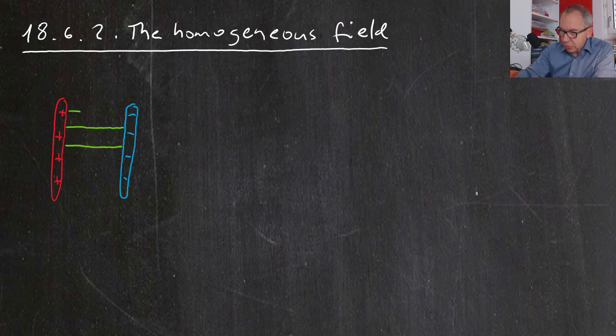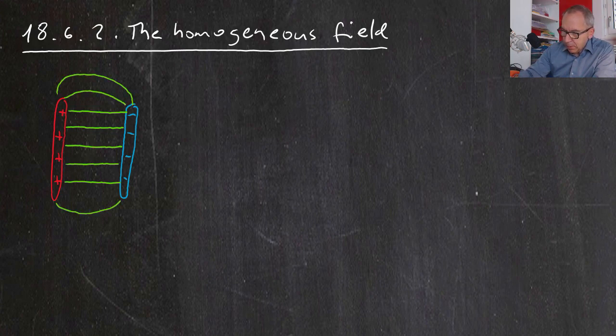This is also true for more or less the whole part in between these two plates. If we go further away, these lines will become a little bit bent. So maybe like that.